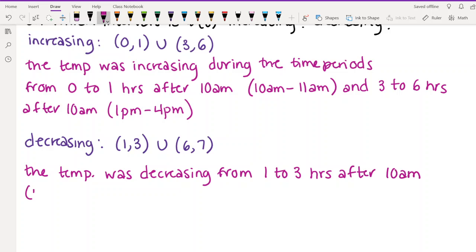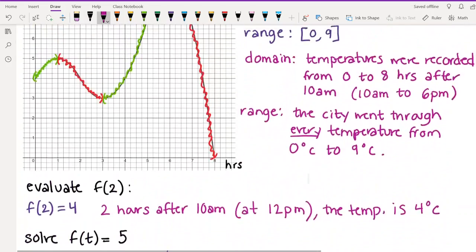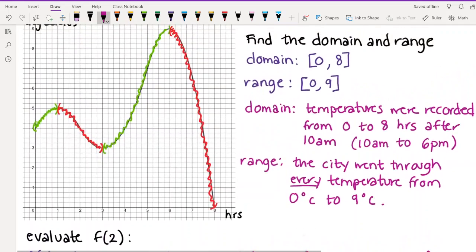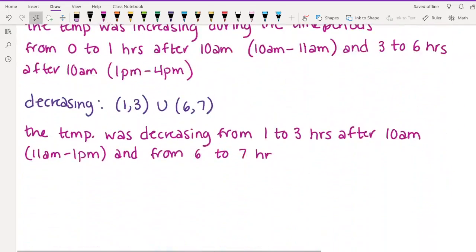That would be from 11 a.m. to 1 p.m. And then again from 6 to 7 hours. Or sorry, did I say 7? I think it should have been 8. I'm sorry, my bad. The graph goes until 8. I'm not sure why I wrote down 7.